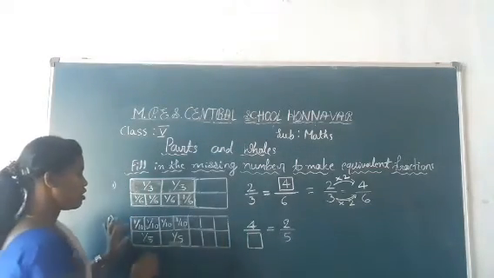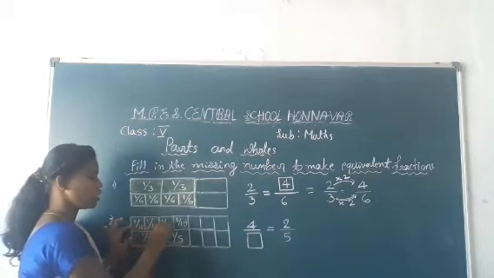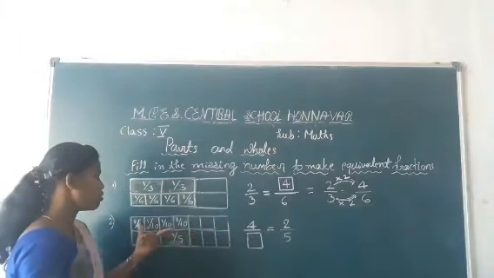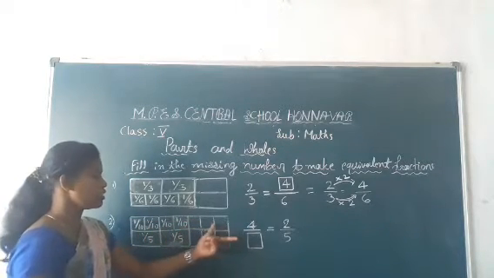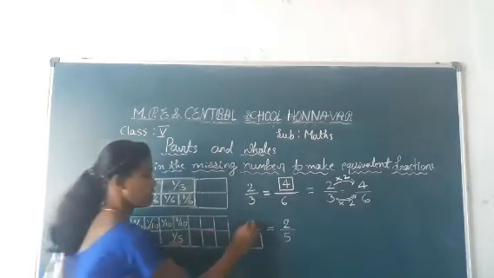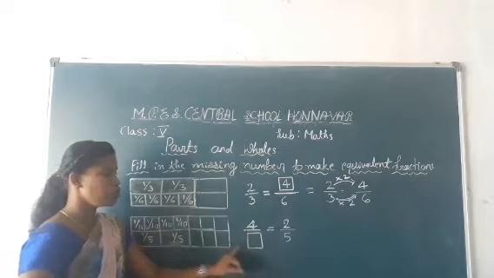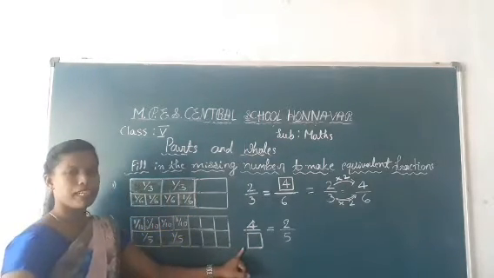See here, how many 1 by 10 do we have? 1, 2, 3, 4. We have 4 of 1 by 10. We want the denominator.